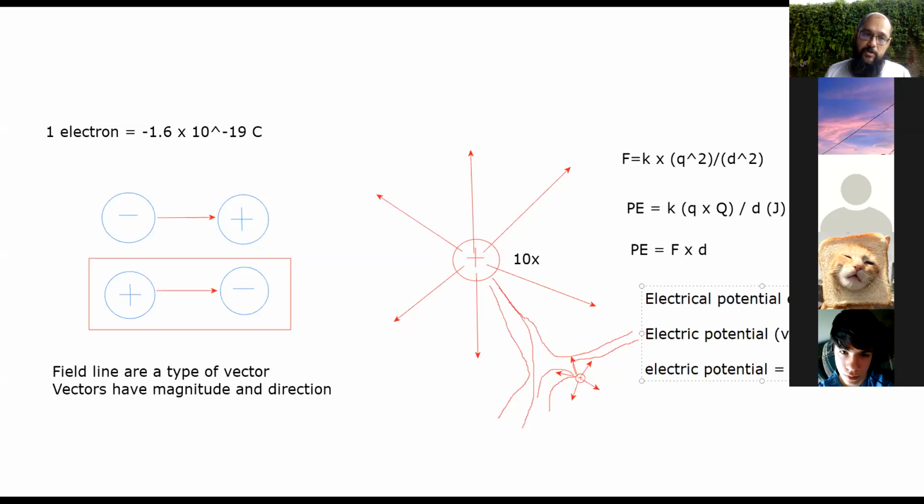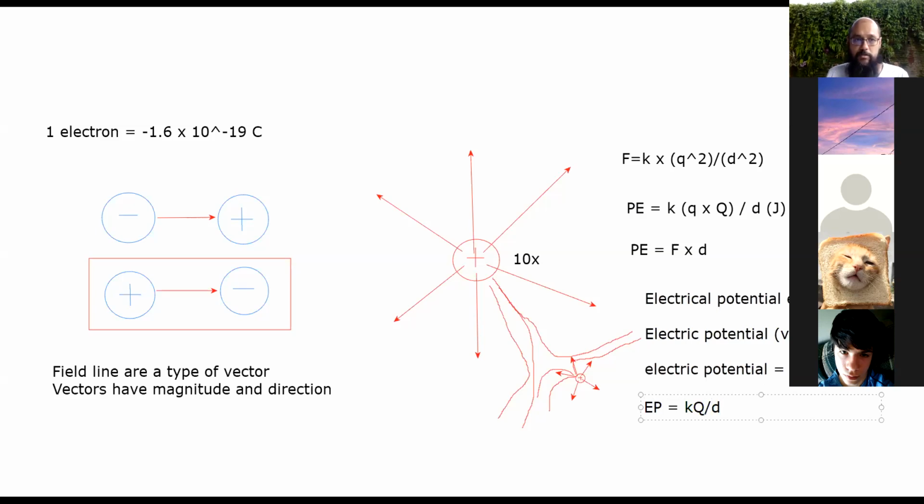To get that division by a charge, which charge do you get rid of? You get rid of the test charge. So you take this potential energy equation, and then your electric potential will be equal to kQ divided by d.